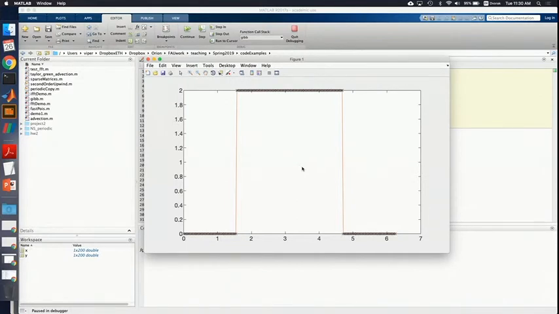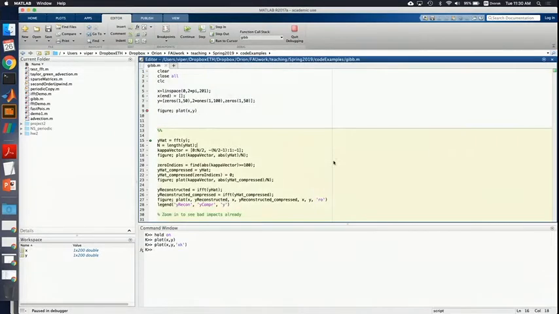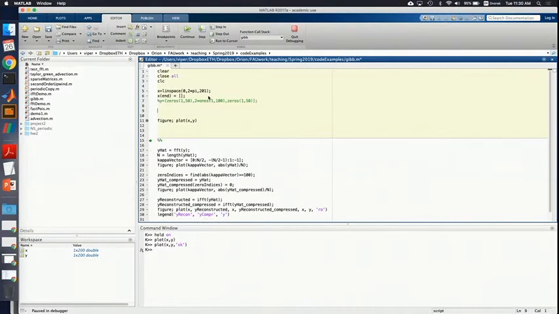Wait, I'm confused. Okay, so let me go back and create another. So let's see, y equals sine of 5 times x plus 50 times sine of 10 times x. Okay, and if we visualize this now, let's see what it looks like.